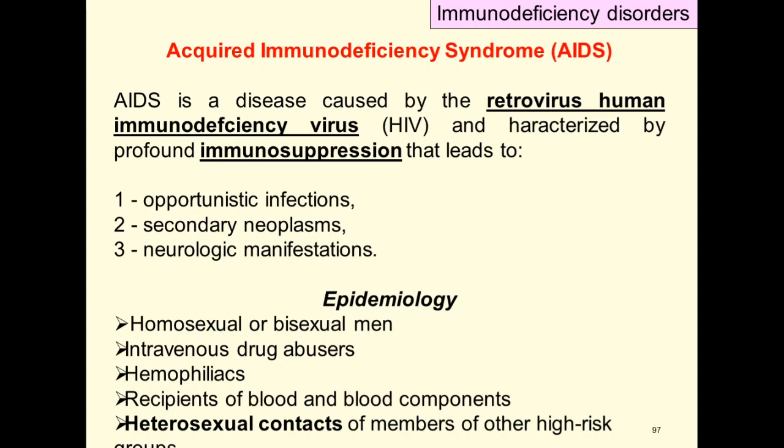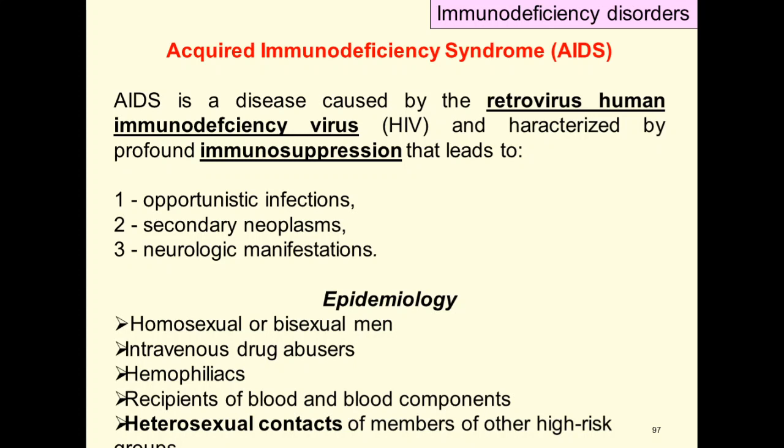So, manifestation of HIV is characterized by the presence of opportunistic infections, secondary neoplasms, and neurologic manifestations. What are opportunistic infections?